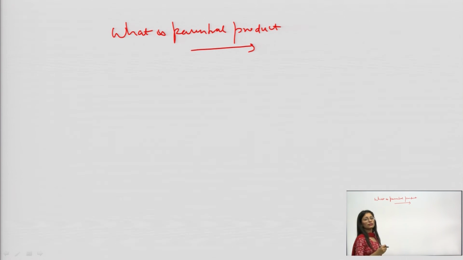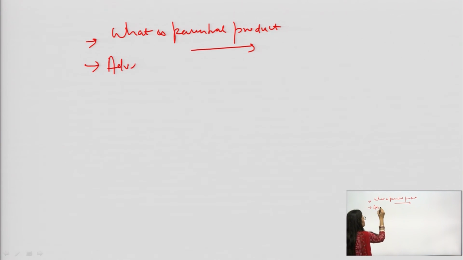So let's revise what we have learned in this class. We learned what a parenteral product is. Parenteral products are basically sterile preparations intended to be used inside the systemic circulation and have a therapeutic effect. We covered the advantages and the disadvantages in this lecture.